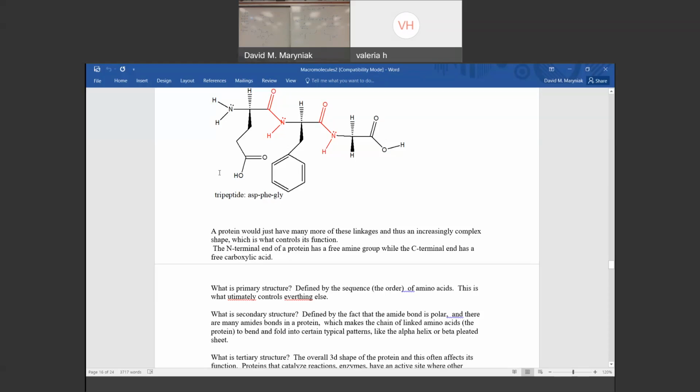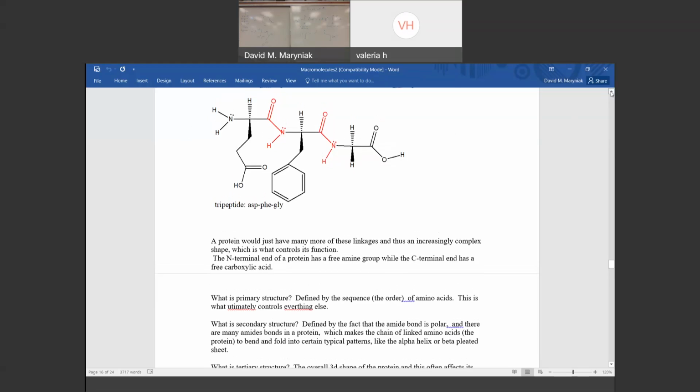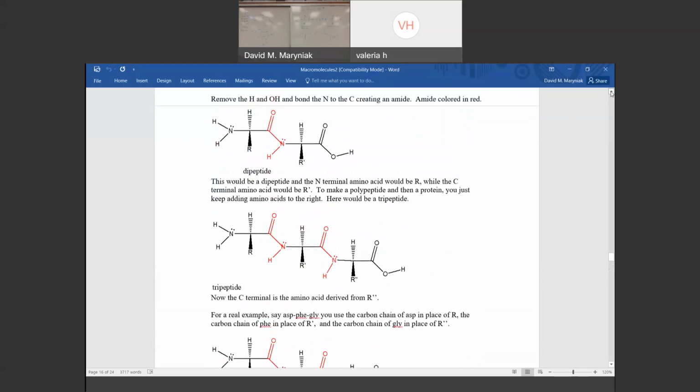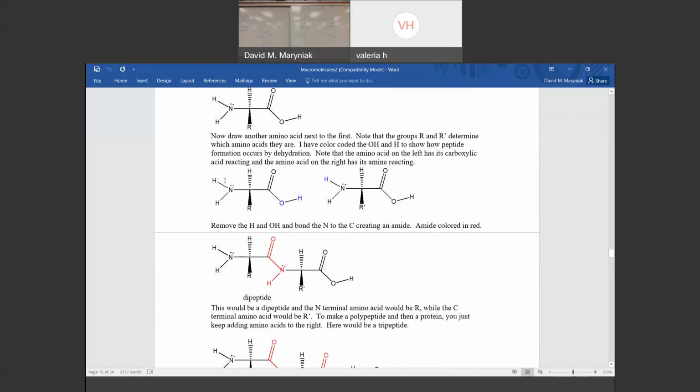Gly, because we're always listing from N terminal towards C terminal, which is why, once again, it is very important when you draw your amino acid to start with the free amine group, then a carbon with an R group, then an acid. And then when you draw your second amino acid, what goes on the left? Amine group, then carbon, then acid.